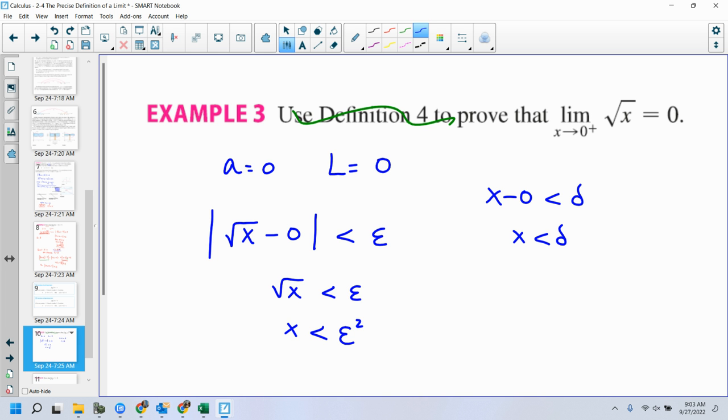That's just x. Okay, so what delta am I going to choose this time? What's delta equivalent to in terms of epsilon? Epsilon squared. So delta is equal to, so you look at this statement and this statement, delta is equal to epsilon squared.